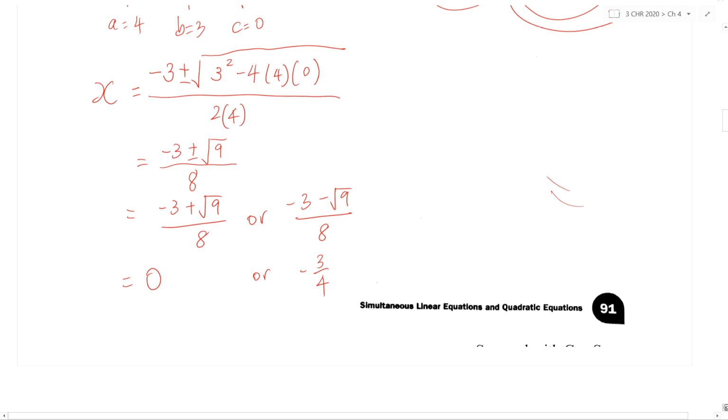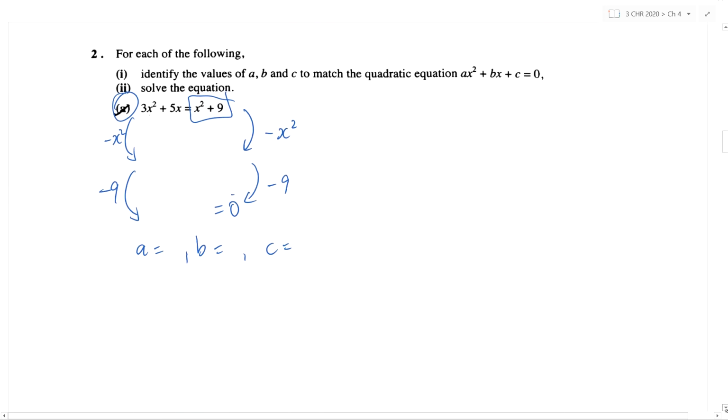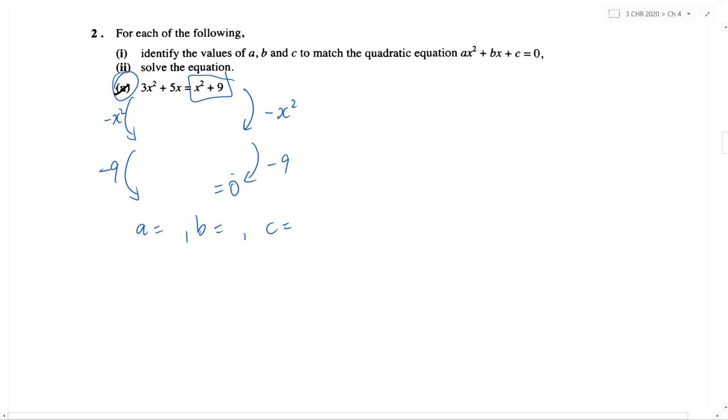Okay, so here we have the next homework question. And this time it is slightly different. Because I said whenever you want to use the formula, you have to ensure it looks like this: ax squared plus bx plus c equals 0.